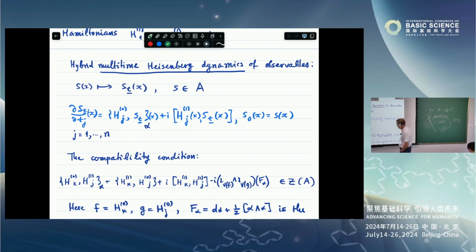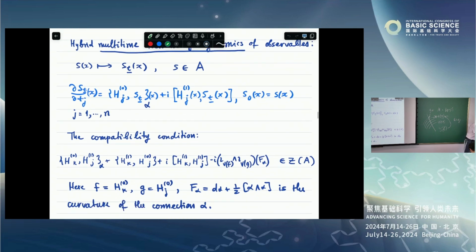But we do have classical Hamiltonians, so the compatibility involves the bracket between H0 and H1, the bracket between H1 and H0. This is all determined by the choice of the connection alpha. So this is just the usual commutator. And here there's an extra term. So we have two classical Hamiltonians.